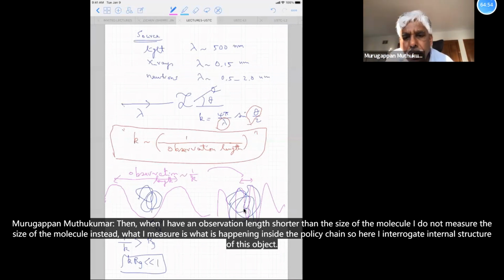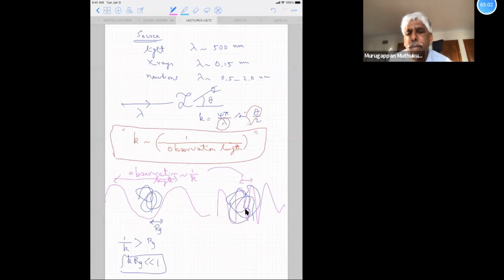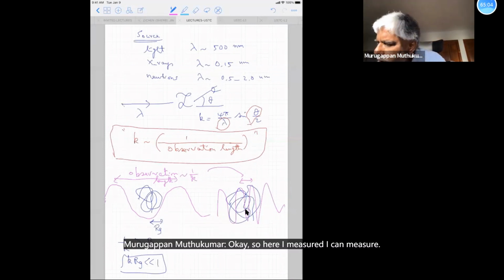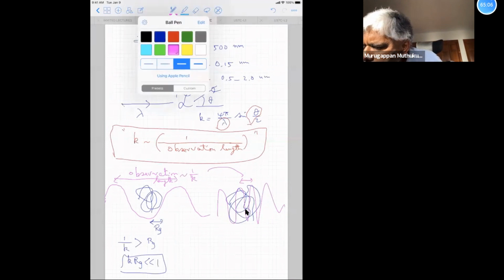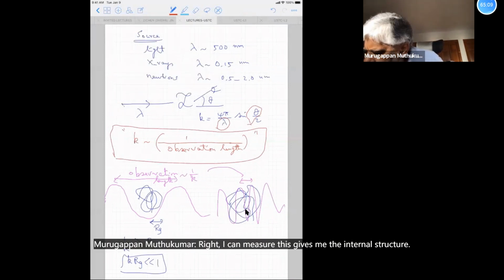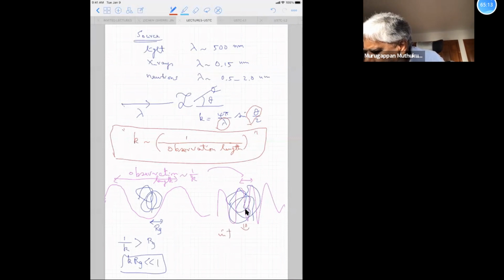Instead, what I measure is what is happening inside the polymer chain. So here I interrogate the internal structure of this object. I can measure, this gives me internal structure.